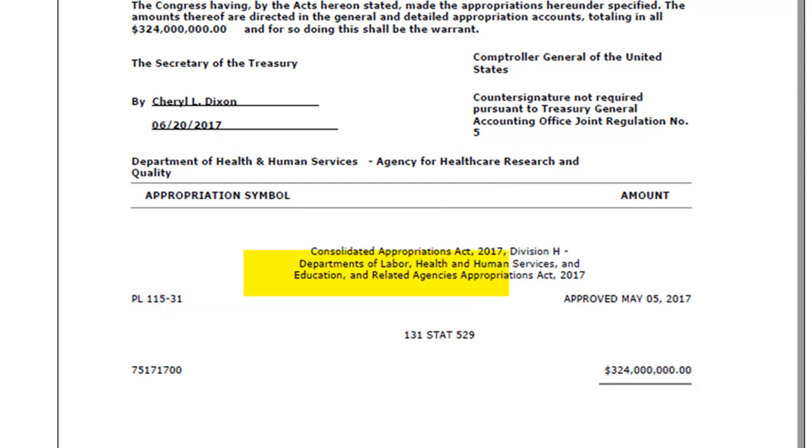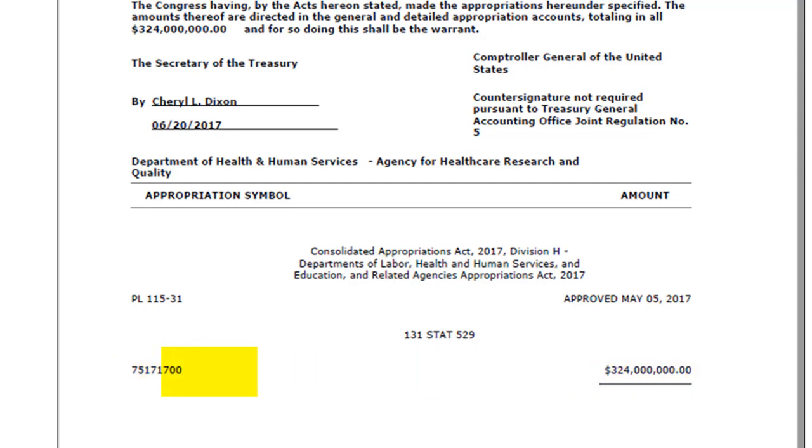The full title of the act, and the statute or stat reference, which is the volume and page number in the statutes at large, which reflects this appropriation. More on this when we discuss information needed to request a warrant. The account receiving the warrant, and of course, the amount.